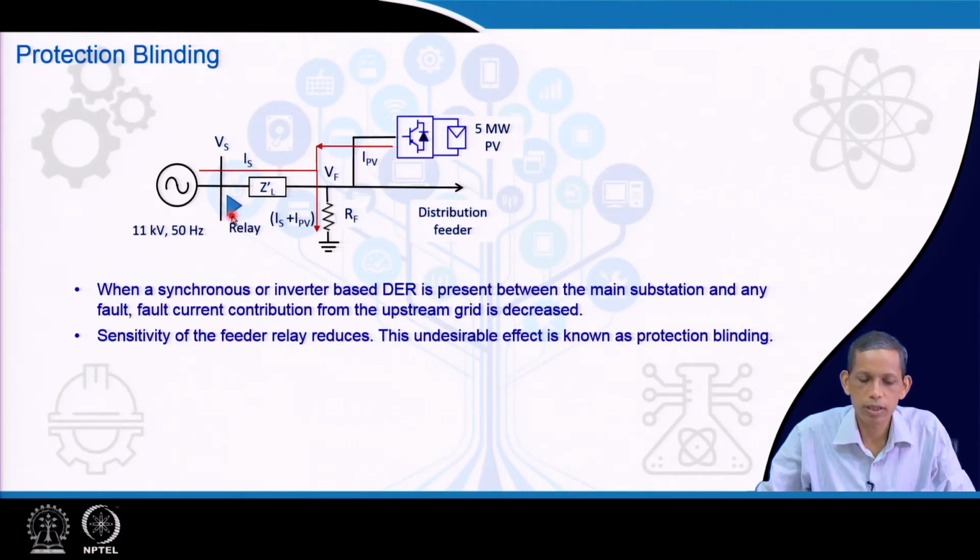That is, the relay will now see a decreased amount of current, and the sensitivity of the relay decreases. This undesirable effect is called blinding, and it delays the decision process of this relay.